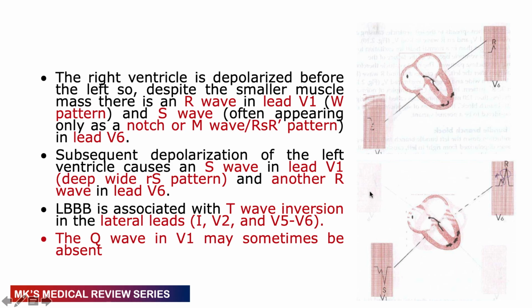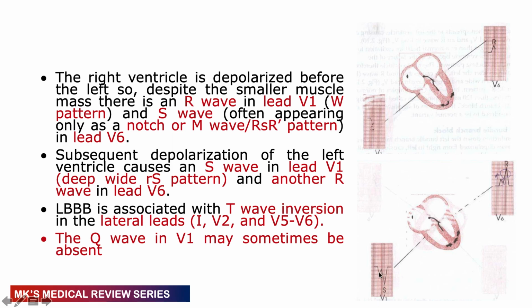So there was initially a Q wave here, then there's going to be a positive wave, which is this R wave that we have here. And on the opposite side, you initially had an R wave, and then there's going to be a small notch that you're going to see on your V6.